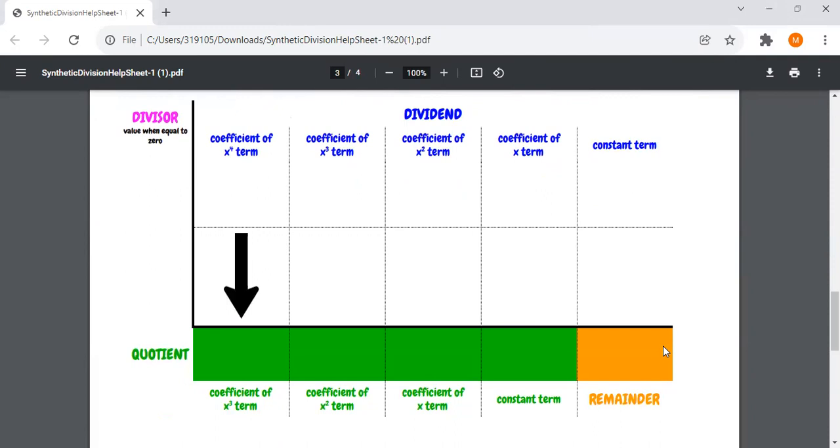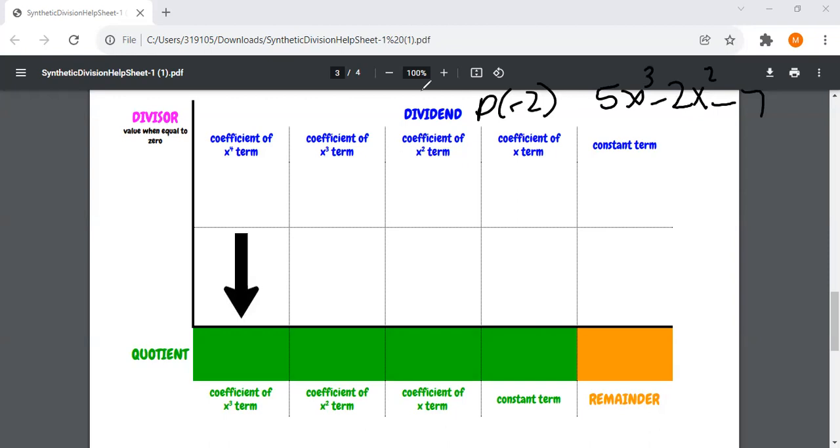Let's say my question is going to be: find P of -2 of my equation 5x cubed minus 2x squared minus 7. We can see this, right? It's not too dark.